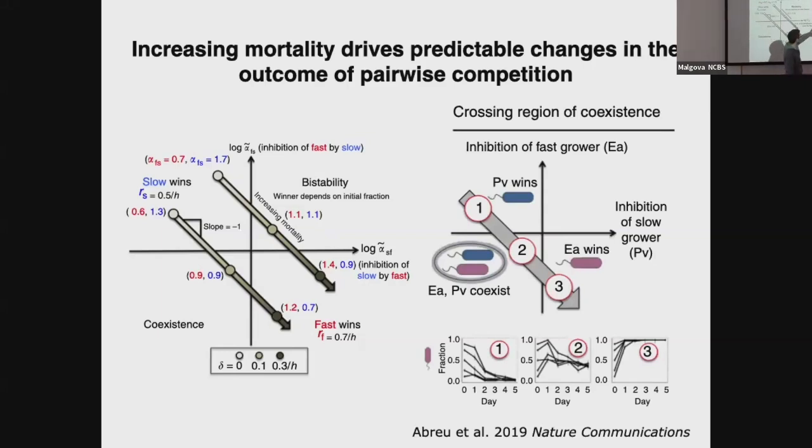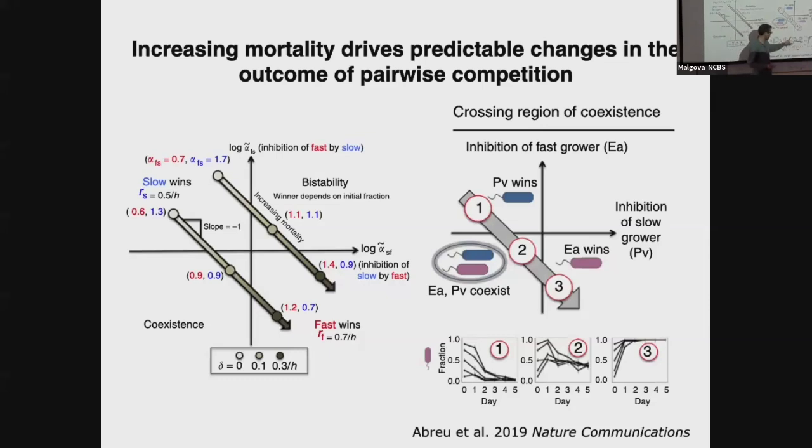And under these conditions, with zero added death rate, we will have that the Pseudomonas will win. And then they increase the death rate, and they will see that while before we have the exclusion of these species, now we have the coexistence of the two.